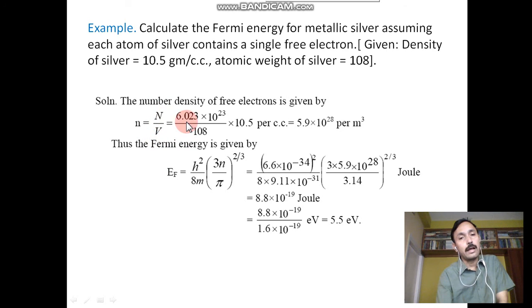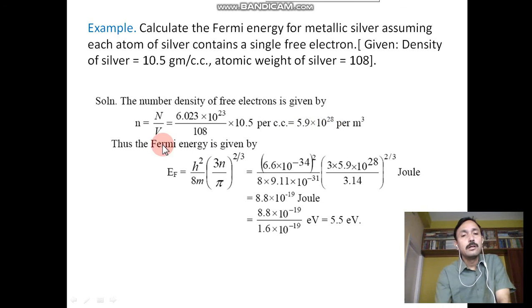So we can write 6.023 × 10^23 per unit molar mass 108, into its density, which is given as 10.5 per cc. After calculation and converting it per meter cube, this becomes 5.9 × 10^28 per meter cube. This is the n.